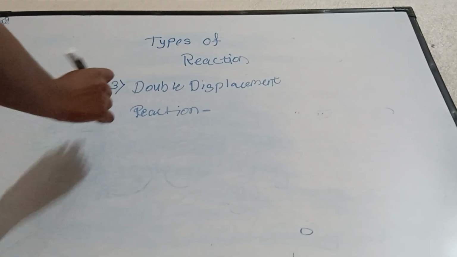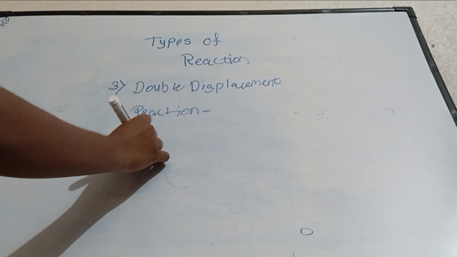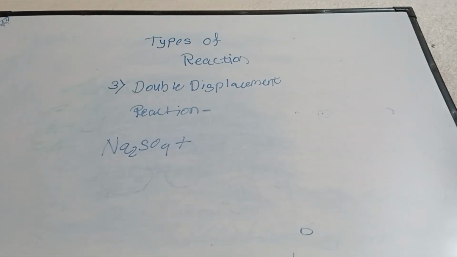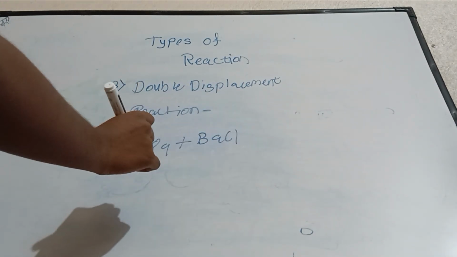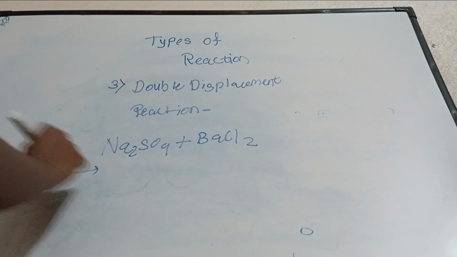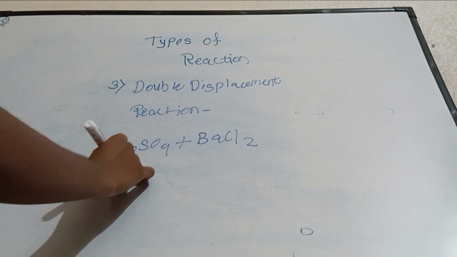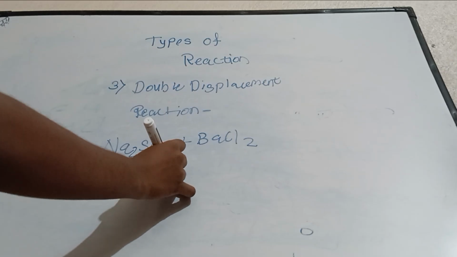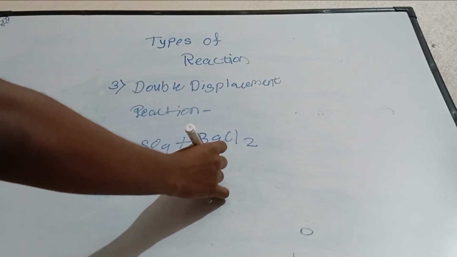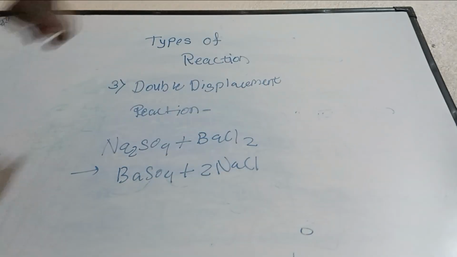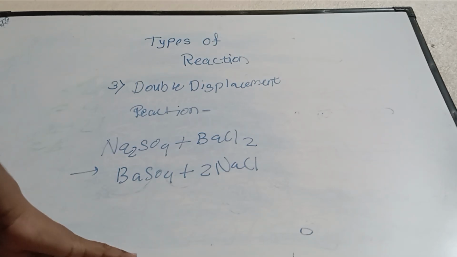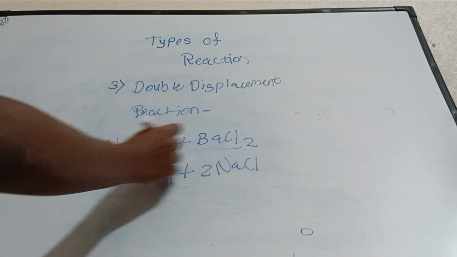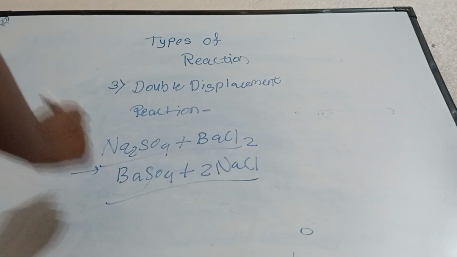For example, we can take Na2SO4 plus BaCl2 gives BaSO4 plus 2NaCl. Here we can see that the upper side is the reactant, this is the product.